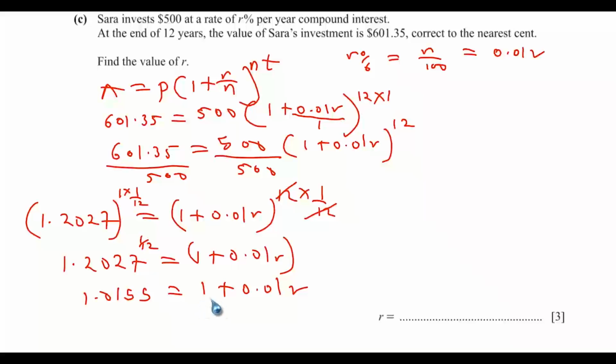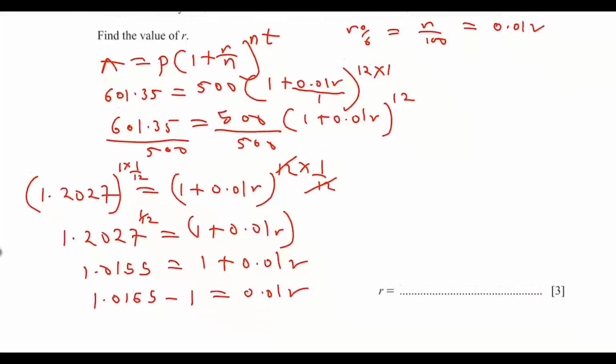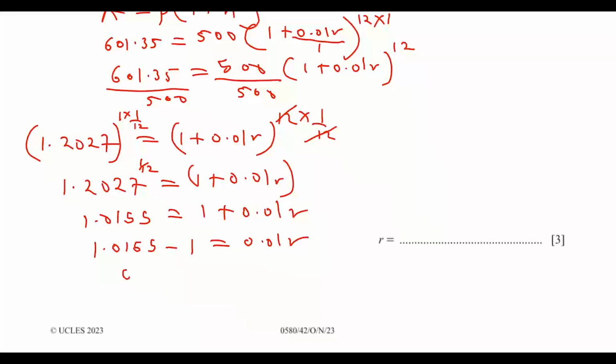If you collect like terms, you're going to have 1.0155 subtract 1 equals 0.01R. So this will give us 0.0155 equals 0.01R.